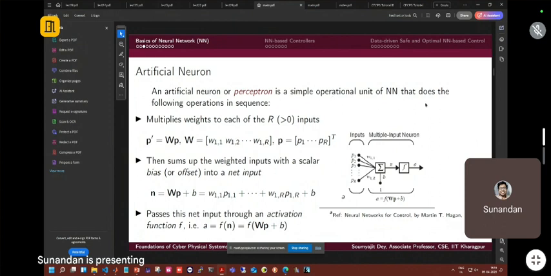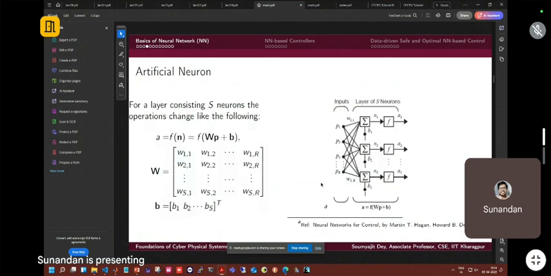Using multiple such units, it forms a big network. Each unit will have some weight that it multiplies with the input, and the output is then passed through an activation function and goes to the next layer. This is how each of these units works.